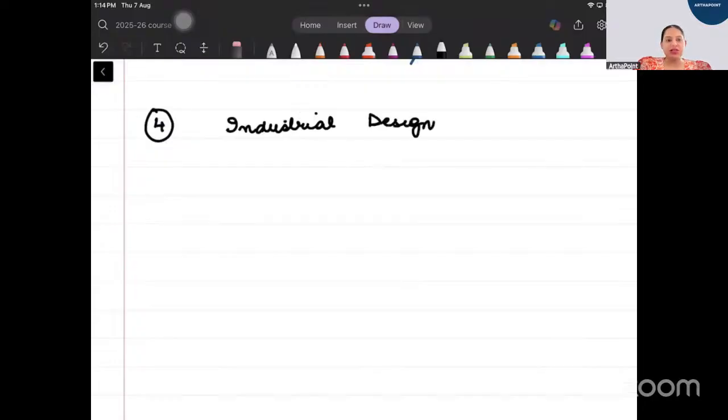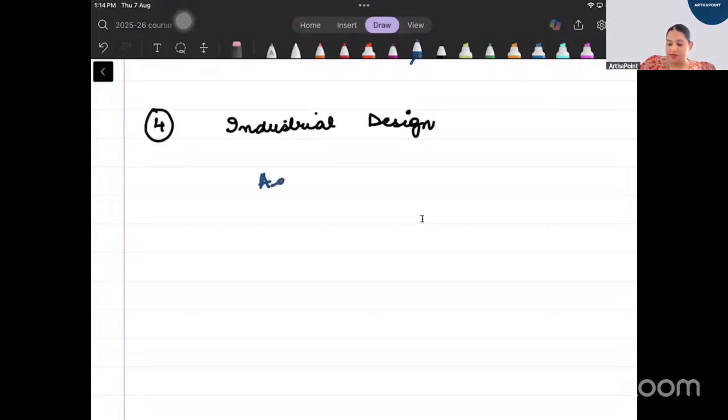Now, as the name suggests, when we talk about industrial design, the name is enough for me to explain this: in industrial design, we are getting rights related to the size, shape, configuration, pattern of a particular product, right?